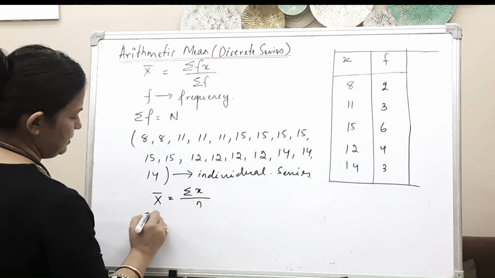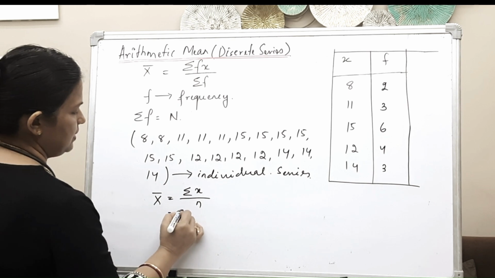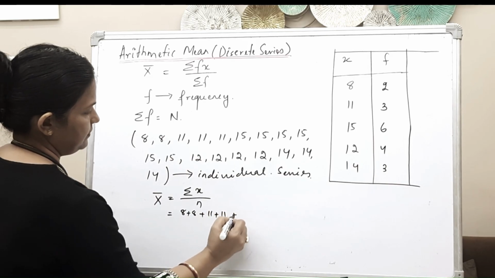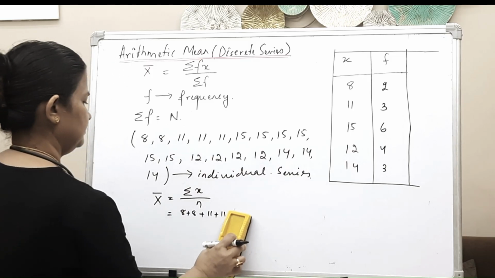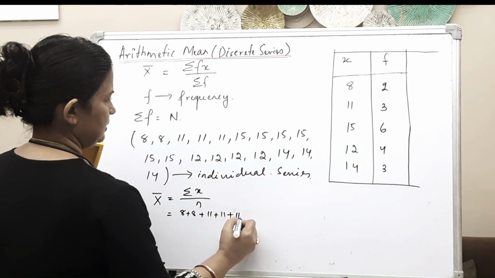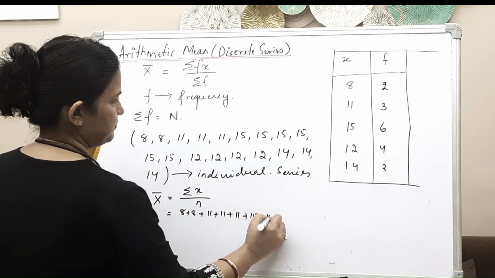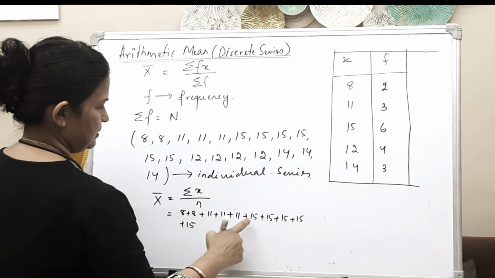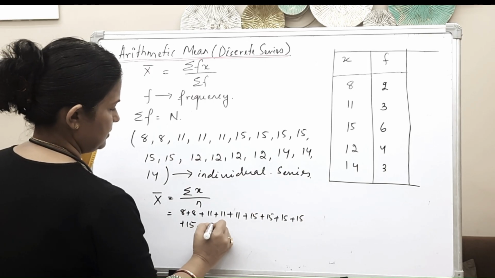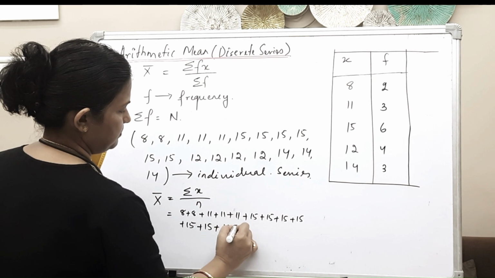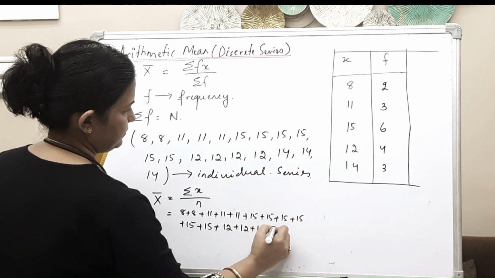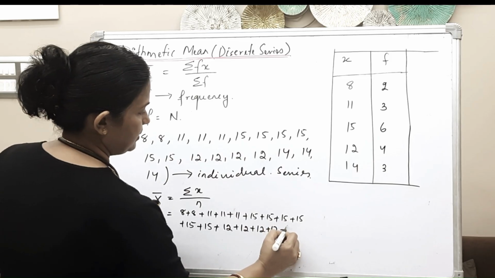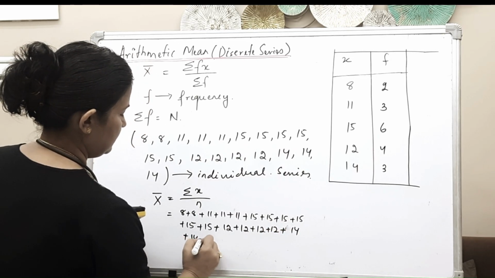Sigma of x we can write, which is equal to 8 plus 8 plus 11 plus 11 plus 11 plus 15 plus 15 plus 15 plus 15 plus 15 plus 15 plus 12 plus 12 plus 12 plus 12, then 14 plus 14 plus 14.